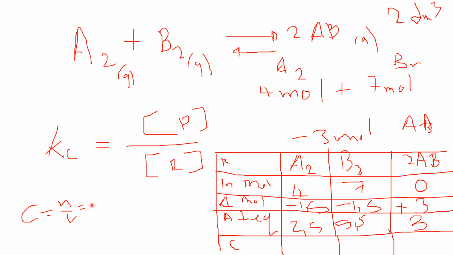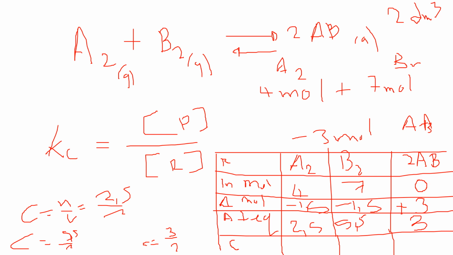We have the number of moles at equilibrium. For A, it is going to be 2.5 divided by 2. For B, it is going to be 5.5 divided by 2. And for AB, it is going to be 3 over 2. Okay?